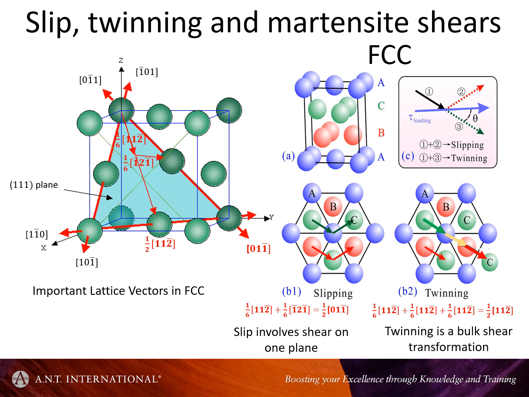So again, it's just a little bit simpler perhaps to look at, to summarize. For an FCC structure, if we consider the C layer here, for instance, and we want to displace the C layer, it will glide over the B layer here in this direction.